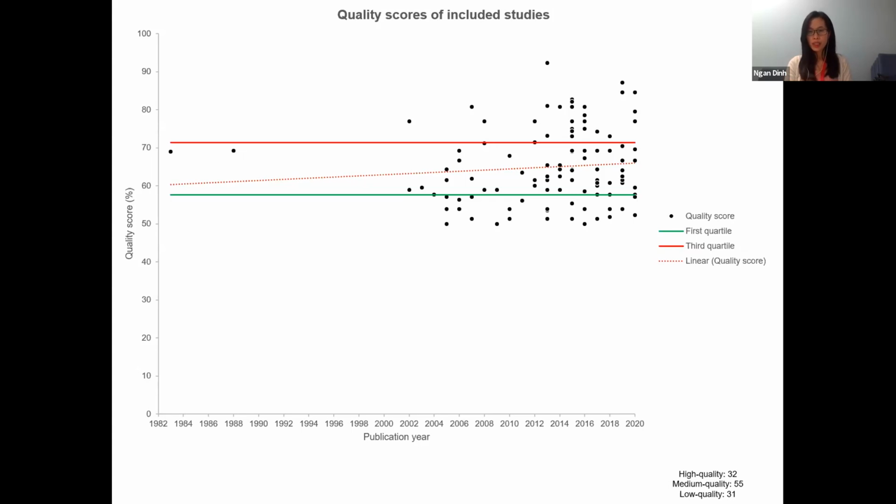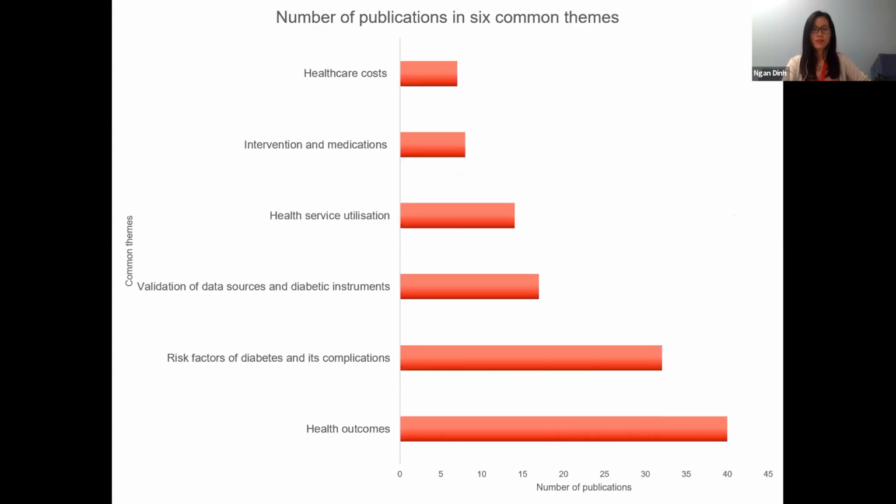And finally, we identified 31 low quality, 55 medium quality, and 32 high quality studies. And after extracting data, there were 6 common themes highlighted among included studies.